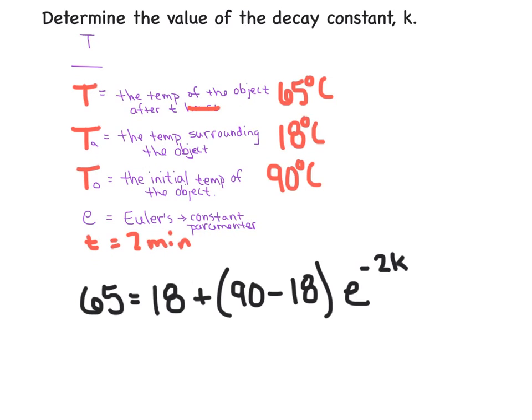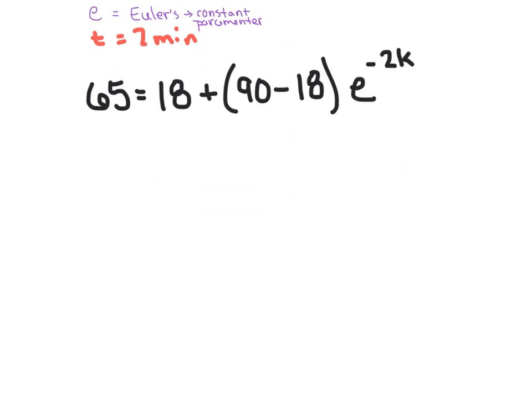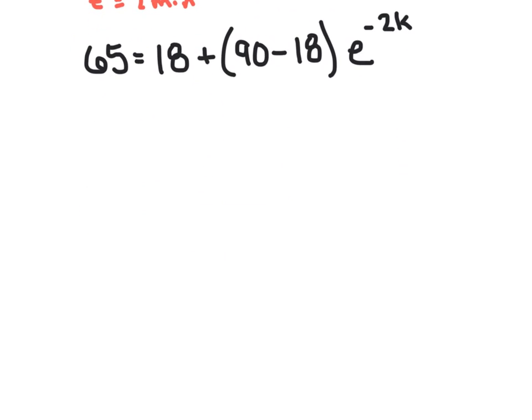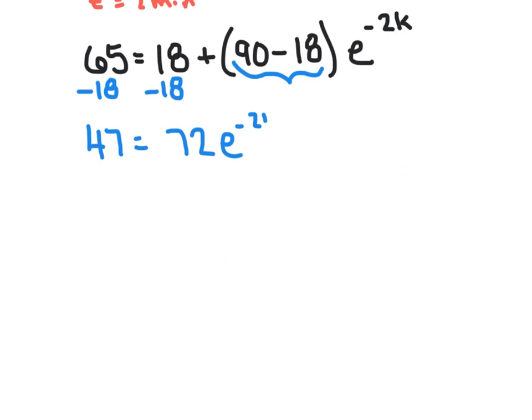I substituted the 2 for the lowercase t. So again, we're solving for k. Very similar mathematically to what we did on the opening slide. I'm going to subtract 18 from both sides. That gives me 47 equals, and at the same time I'll combine these two terms to make 72 times e to the negative 2k.